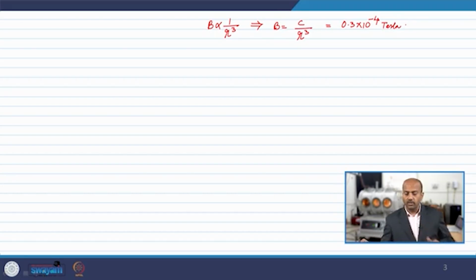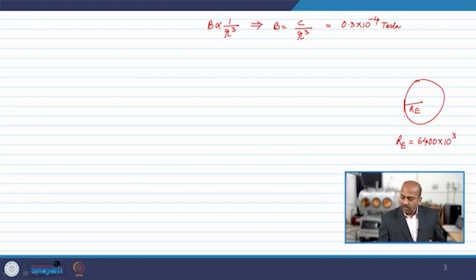This is at a distance of RE from the center, that is, at the surface, at 1 Earth radius. RE is 6,400 kilometers. For a distance of RE, the field is 0.3 × 10⁻⁴ Tesla, and we have to find what the magnetic field would be at a distance of 5 RE.